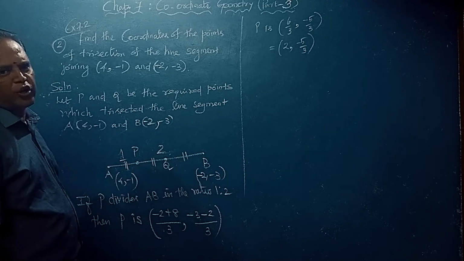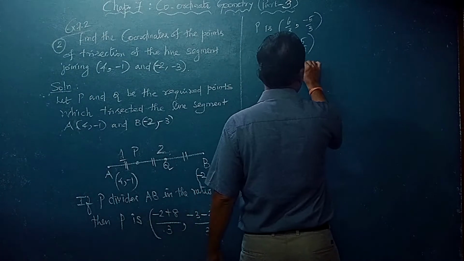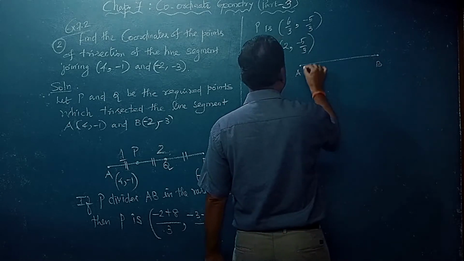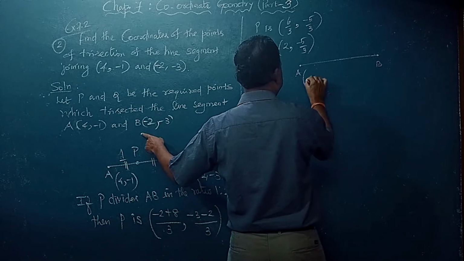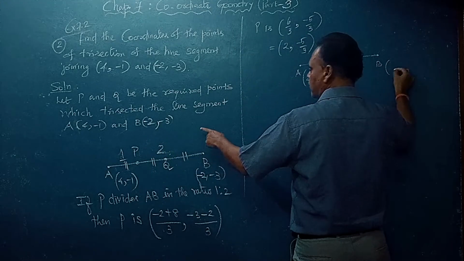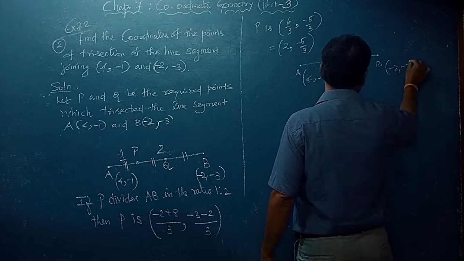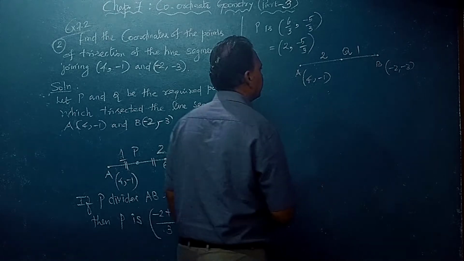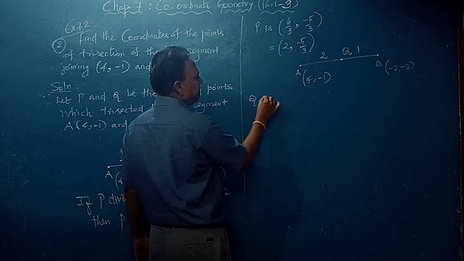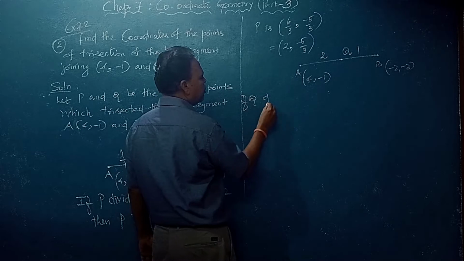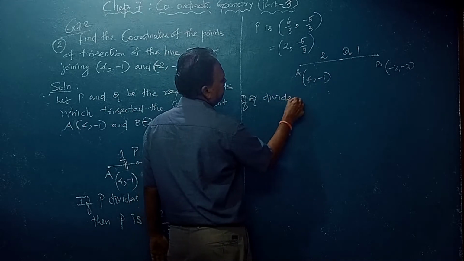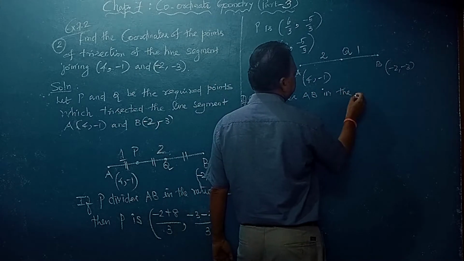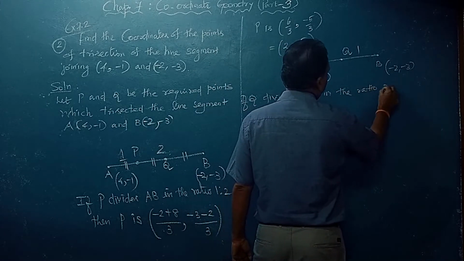Same way, how to find out Q? Draw the diagram, one more diagram to draw. That is better, so that you will not commit any mistake. Now Q divides AB in the ratio 2:1.